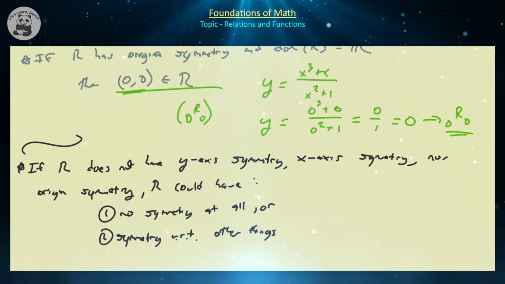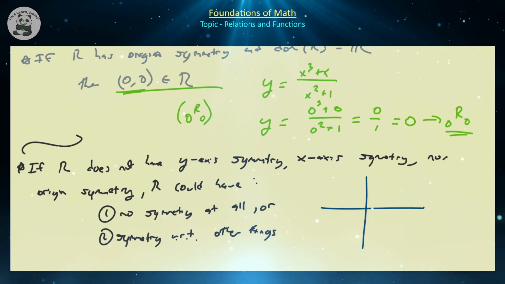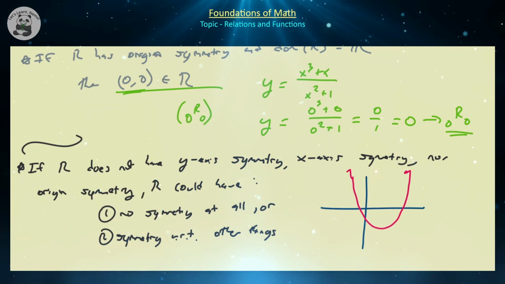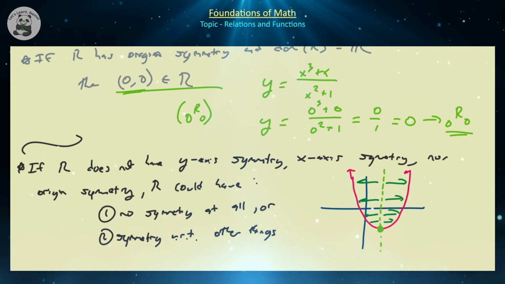Let's look at just a very basic example to implement that. So let's assume that we have a parabola that looks like that, and let's assume that we draw a vertical line straight through its vertex, i.e. that little point there. Notice that if we look slightly to the right of this and slightly to the left of that, that is practically, or exactly if it's drawn to scale, a mirror image.